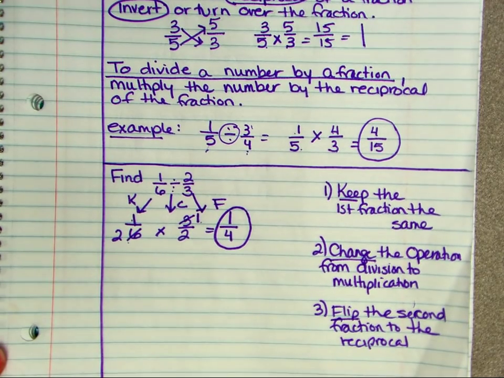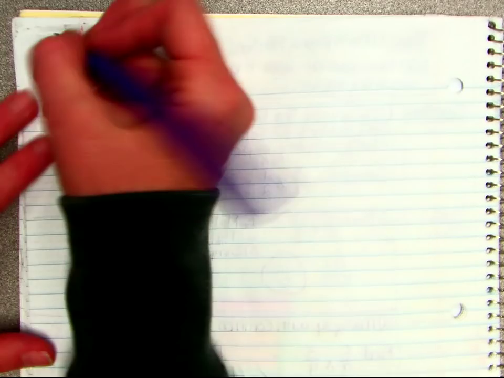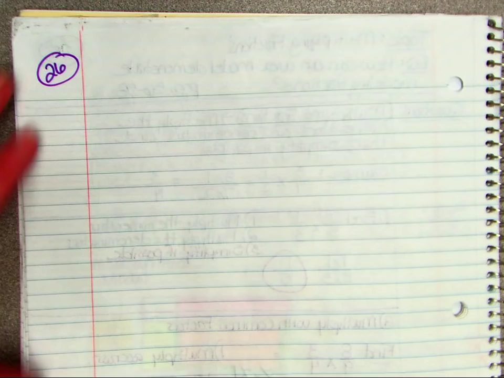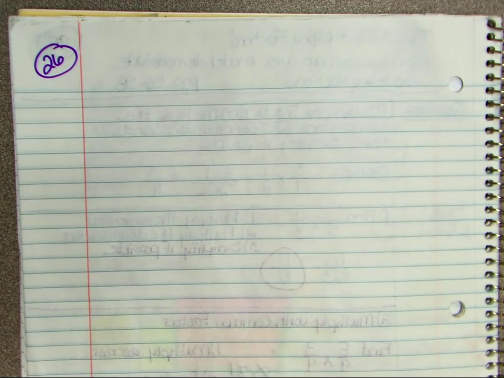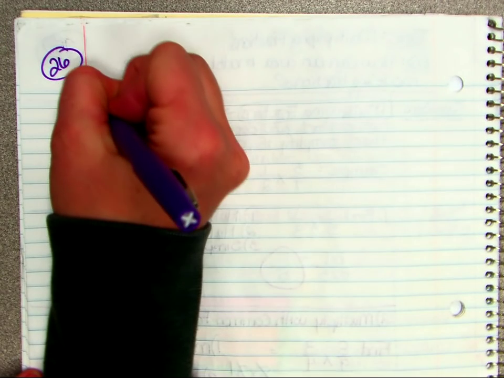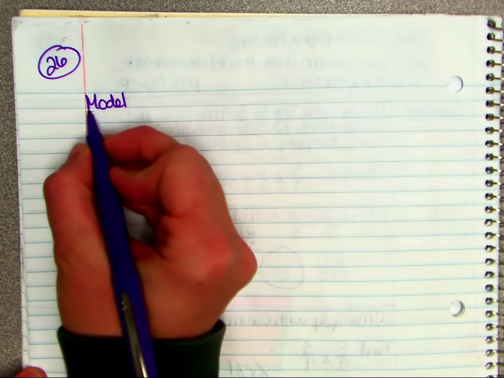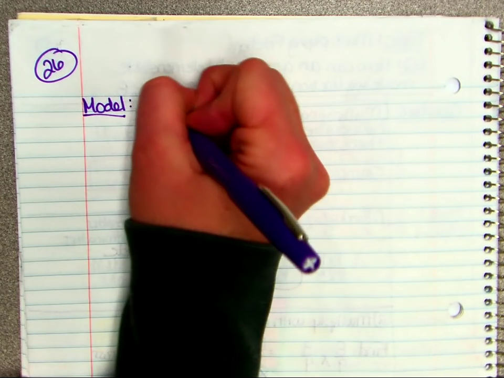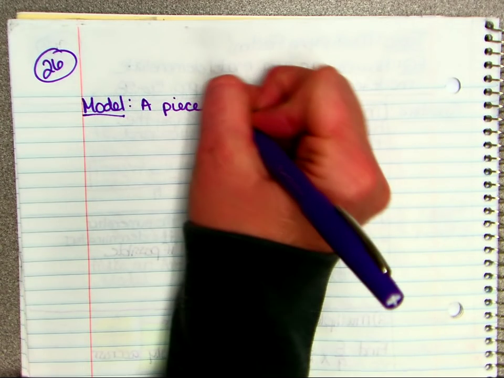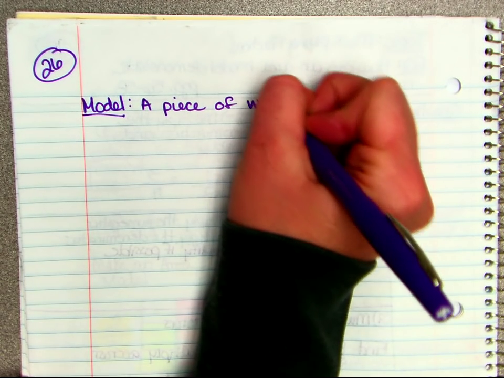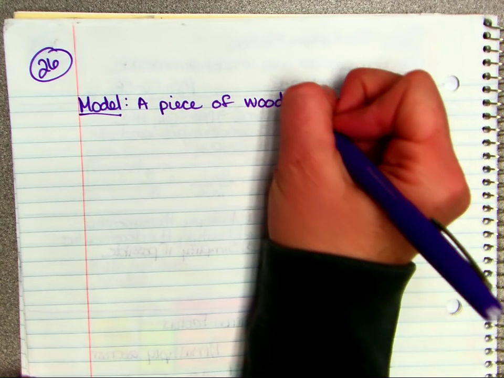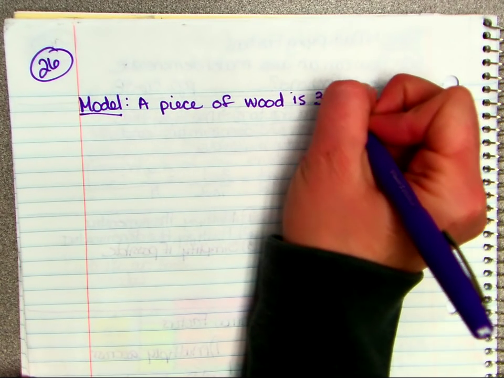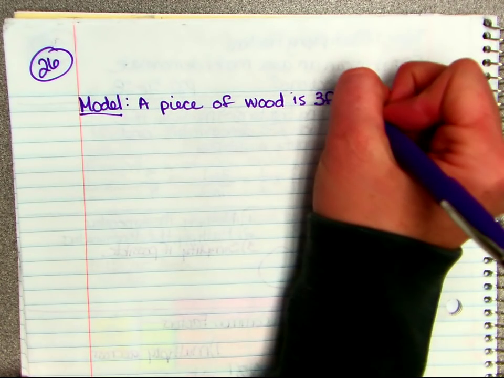Okay, so I ran out of room, so I'm actually going to go over to page 26. Like I said, pause anytime you need to so that you can write down whatever you need. But this time, I'm going to do a modeling one. The question I have is: a piece of wood is 3 feet long.